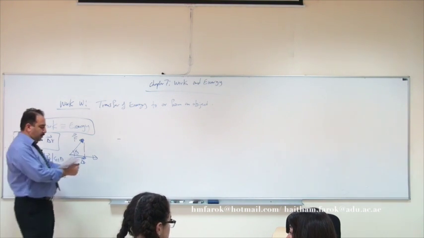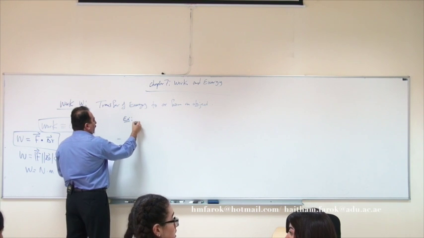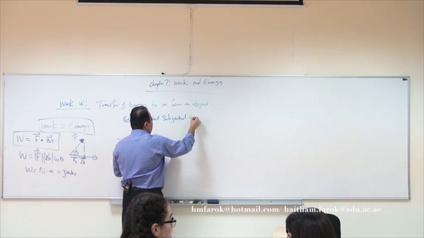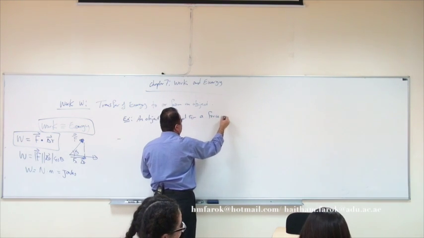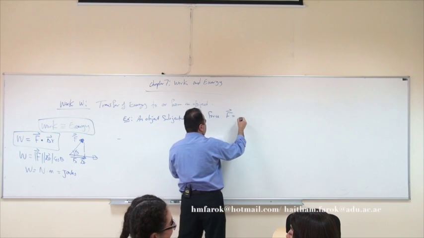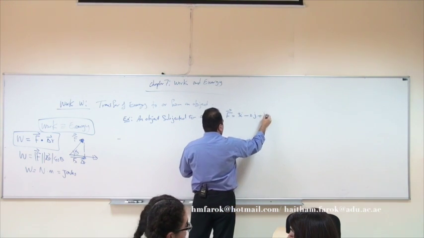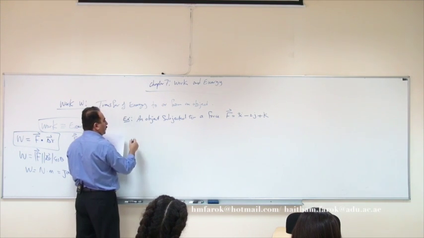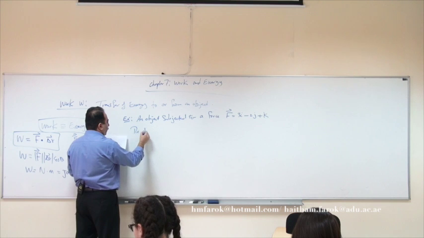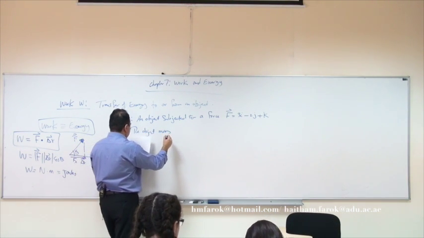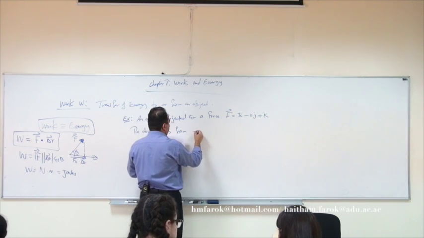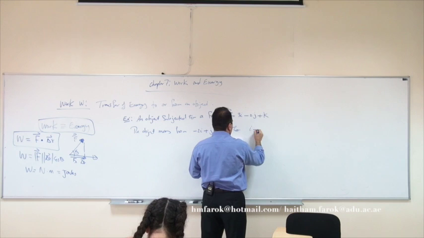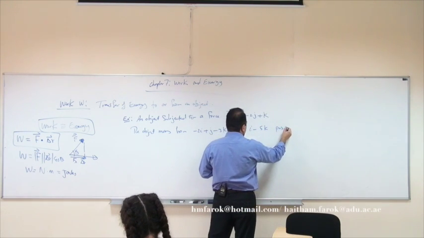So you can write this example if you like. An object subjected to a force F equal 3I minus 2J plus K, the object moves from minus 2I plus J minus 3K to I minus 5K position.